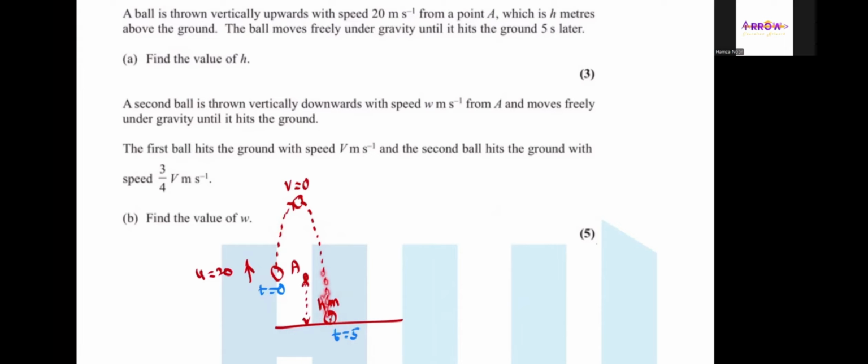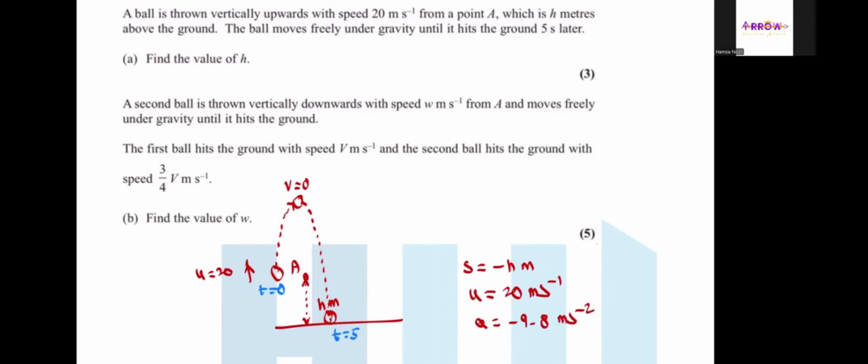So the displacement for this whole journey will be minus h meters. The initial velocity is 20 meters per second, since the initial speed is given to us, and acceleration will be taken as minus 9.8, because we are considering the whole journey.